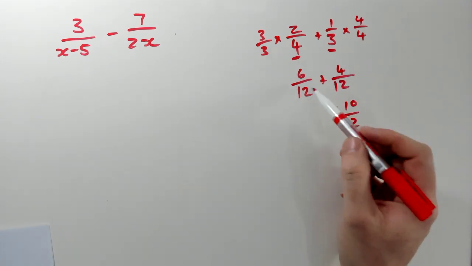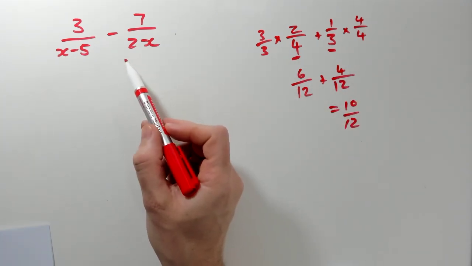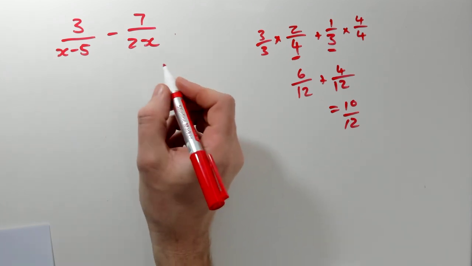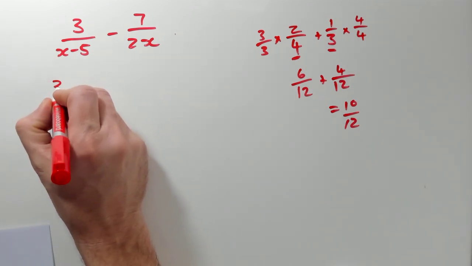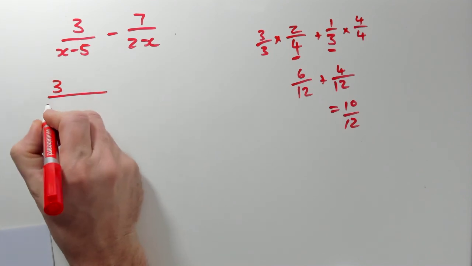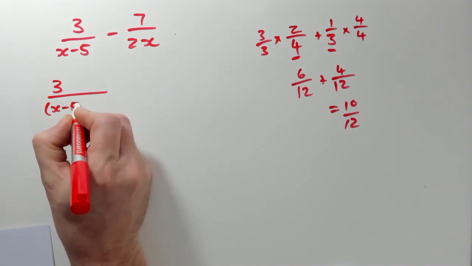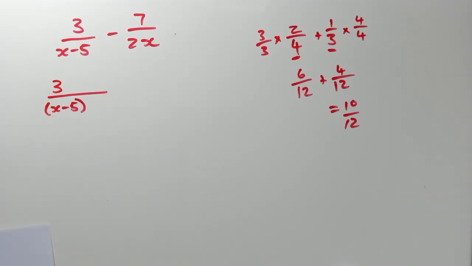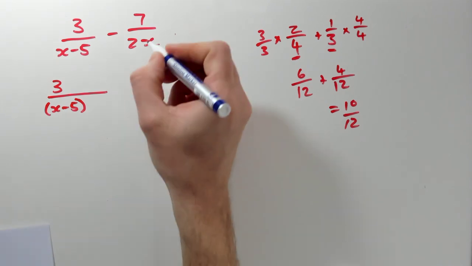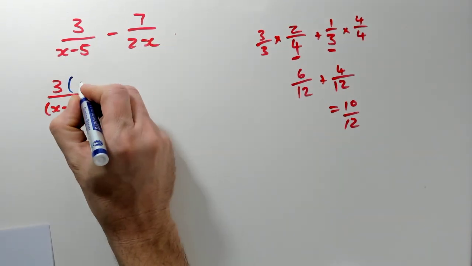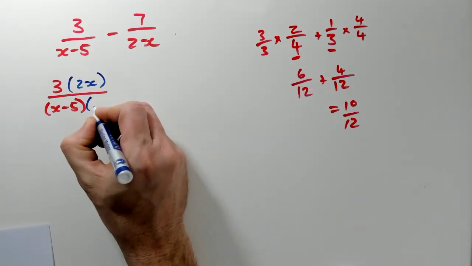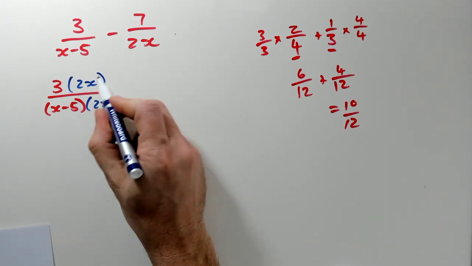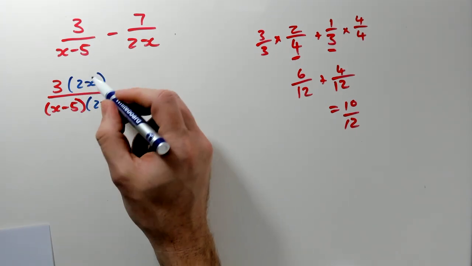So we're going to do the same thing right over here. I'm going to do it in different colors just to make it easier. I'll write this part of my fraction as is, and then I'm going to multiply by 2x over 2x. If you look at this, these reduce to 1 and then we're left with that.